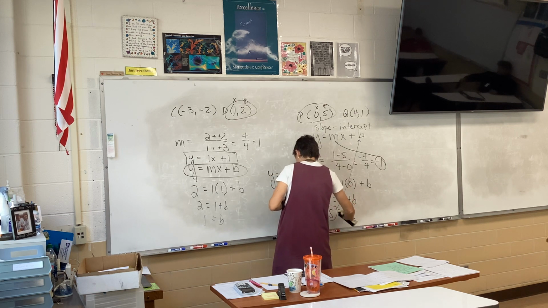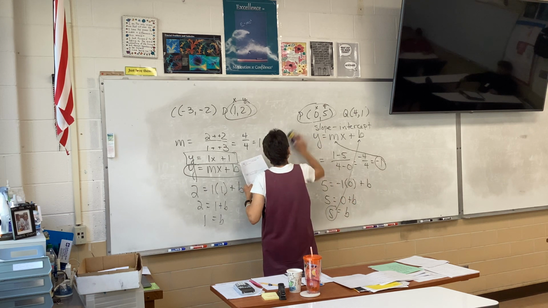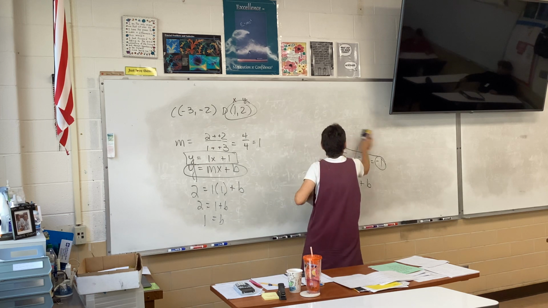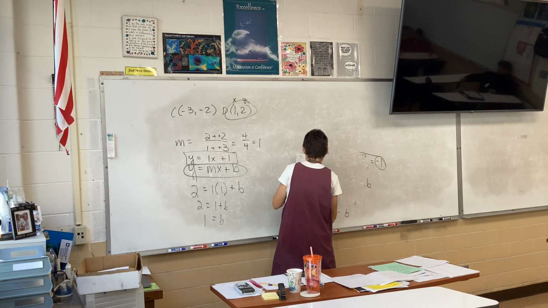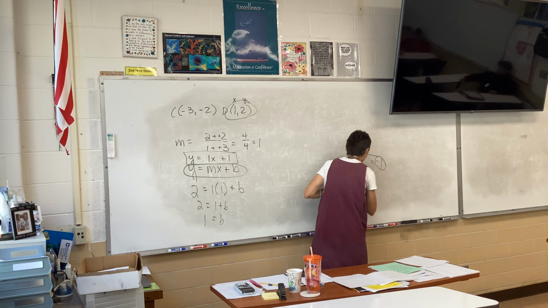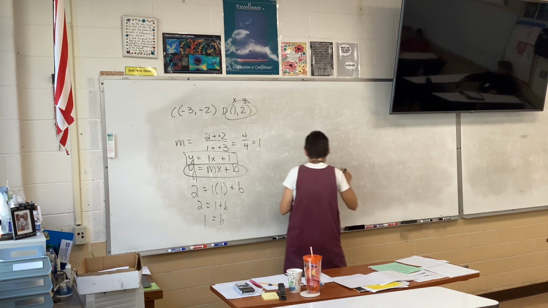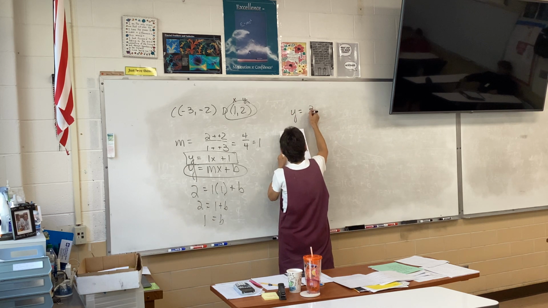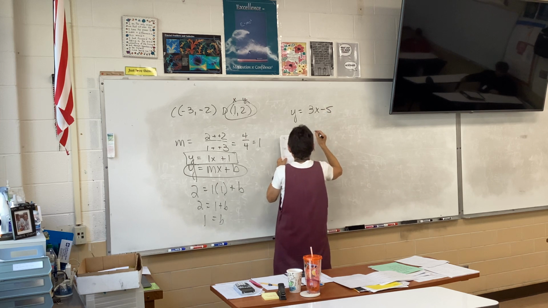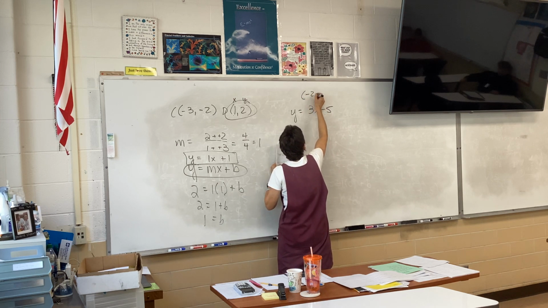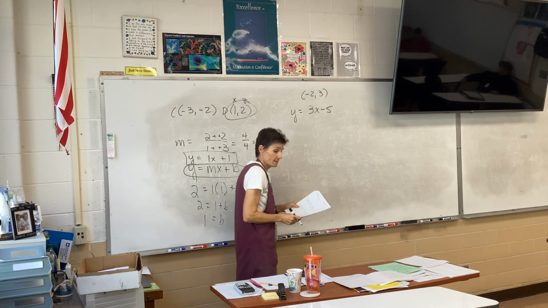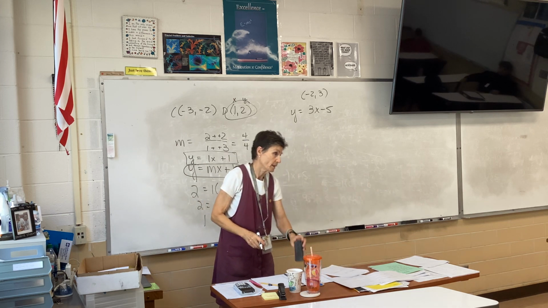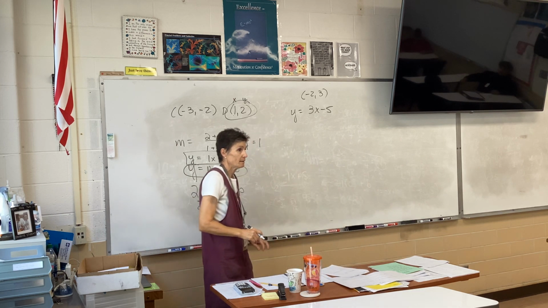Write the equation of the line through negative 2, 3, and parallel to this line. Where's my point? Negative 2, 3. All right, tell me this. What do you remember about parallel? What does that mean?